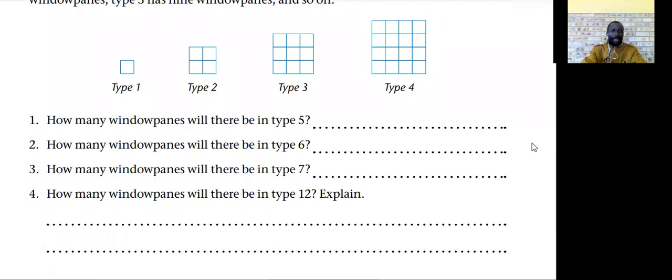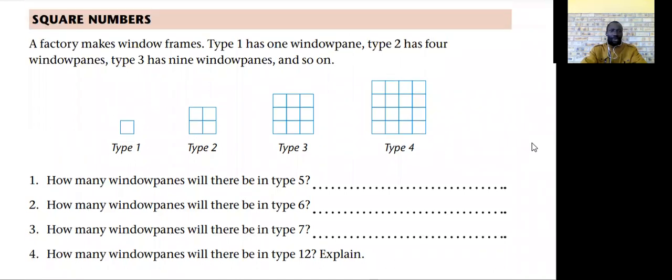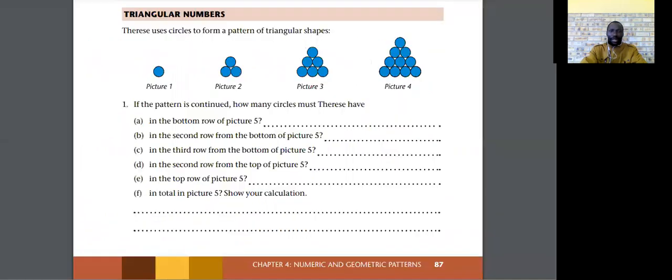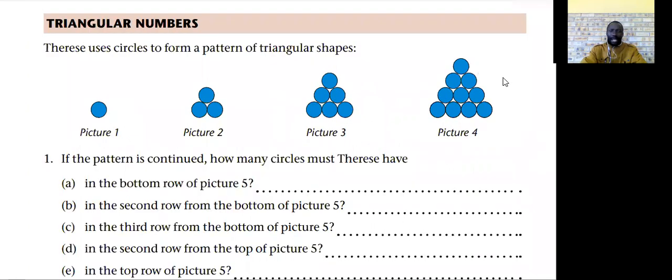It may have many more parts, but this is the first thing I wanted you to see. First investigation will be on square numbers. Then the second investigation is going to be on triangular numbers. Okay? So triangular numbers are numbers, as you can see here, that form triangles. So this is where your second investigation is going to be.